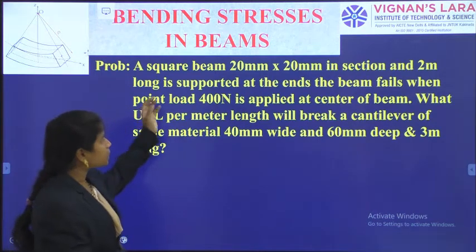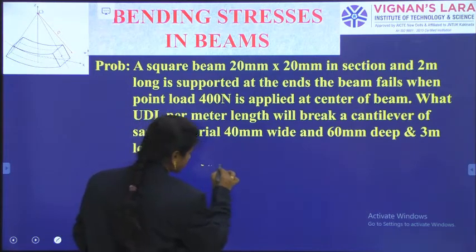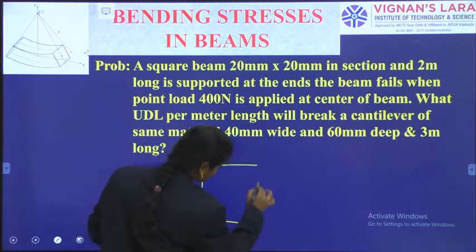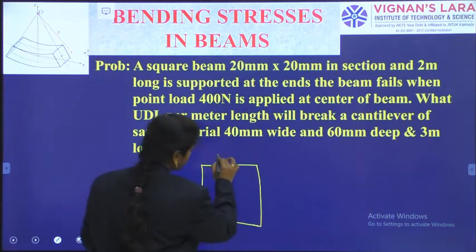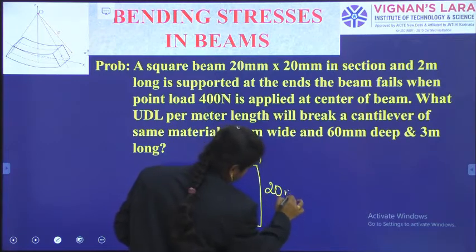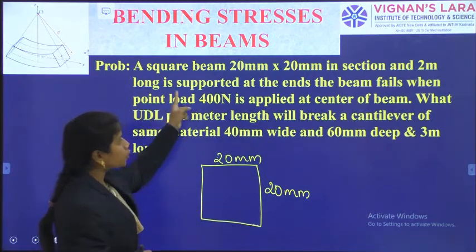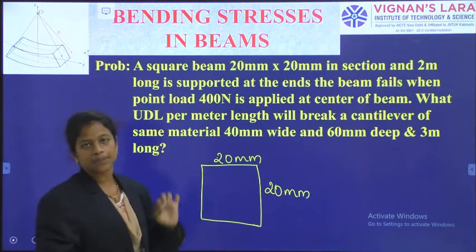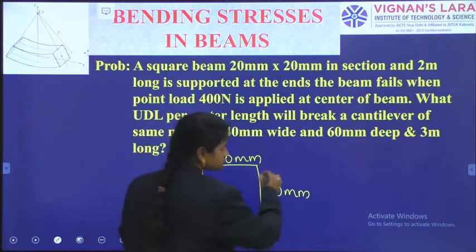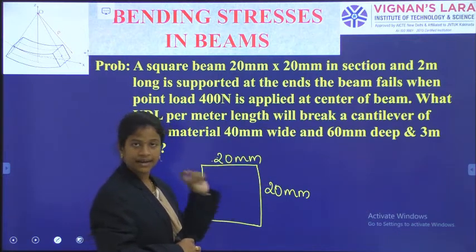A square beam 20 mm by 20 mm in section. So, we are having a square beam of 20 mm by 20 mm in cross section and is of 2 meter length, which is simply supported at the ends. So this is the cross sectional view, where I have observed the width and depth of the beam.